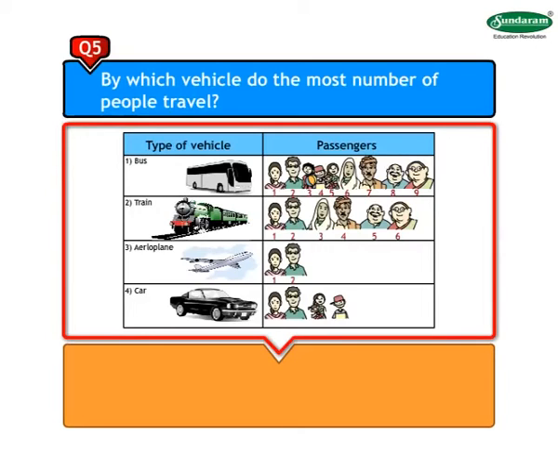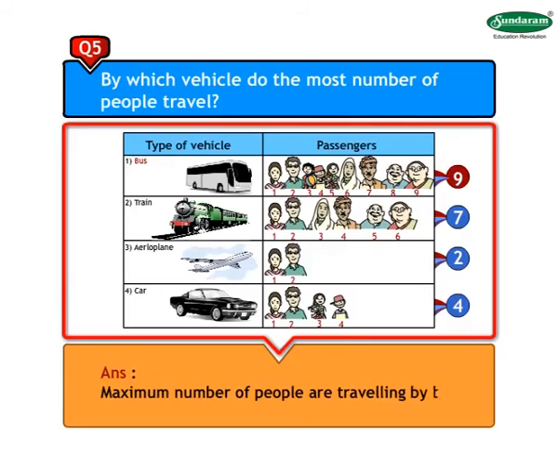Total number of people traveling by car is equal to 4. As we can see from the above data, 9 is the maximum number of people traveling. Also, these 9 people are traveling by bus. Therefore, the answer is the maximum number of people are traveling by bus.